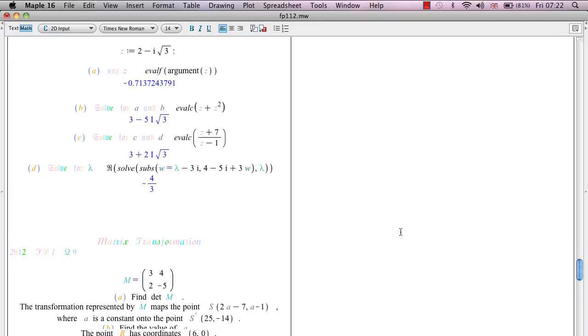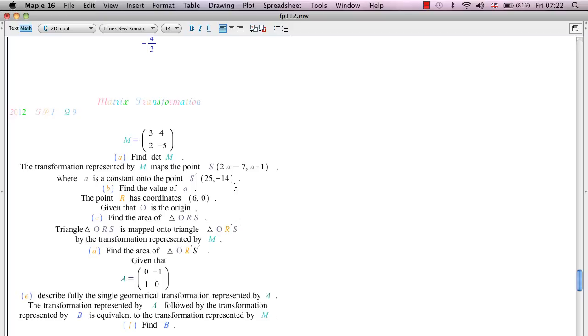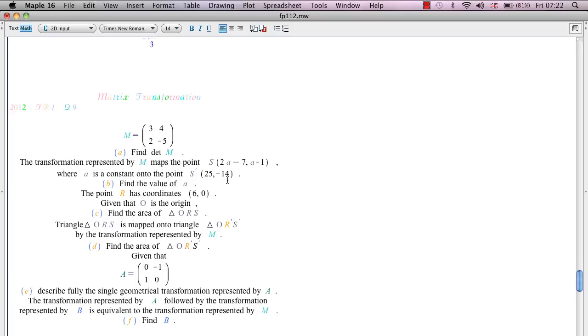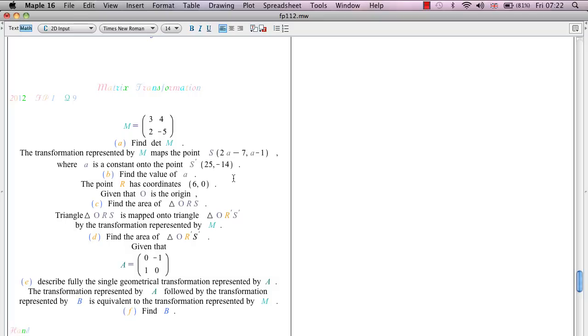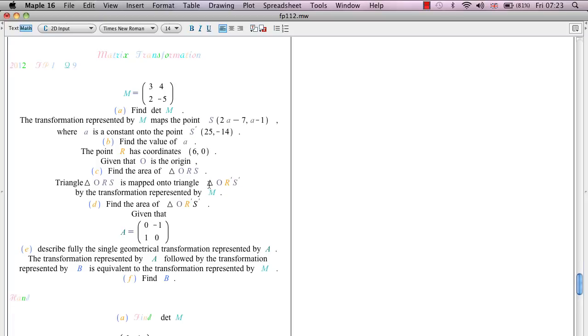A final question in this paper, question 9, matrix transformation. We're given the matrix M to find the determinant in A, and the transformation M maps S onto S dash to find the value of a in B. And then we're given the coordinates of R as 6, 0, and given that O is the origin to find the area of ORS.